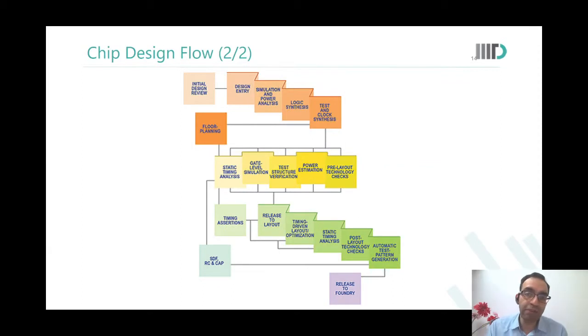You know that every gate has some input capacitance. So depending on the fan out that you have connected, you can estimate the overall load on any particular gate. So these are pre-layout technology checks. Quick estimates. Because if you need to do some buffering, you do it right away so that the netlist already has it and then you release it to the layout.